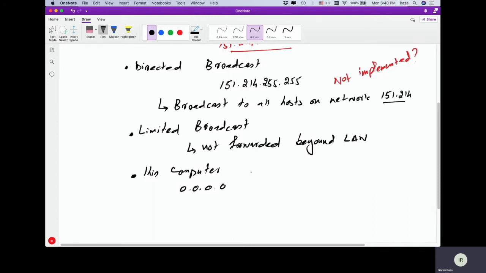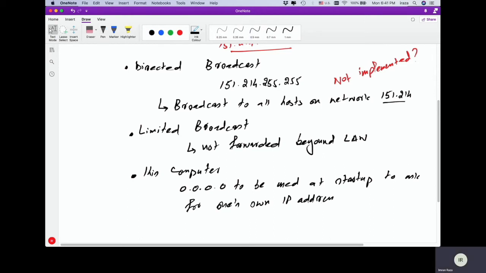Okay, so this is to be used at startup to ask for one's own IP address, just like reverse address resolution protocol.